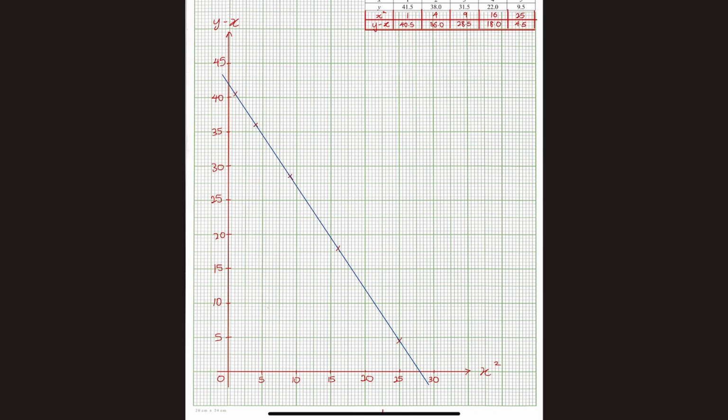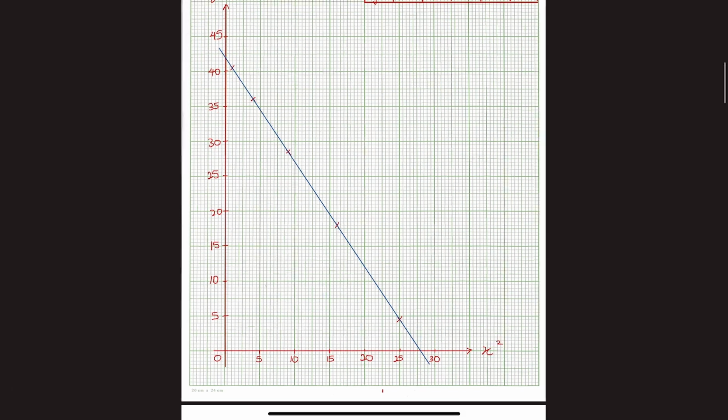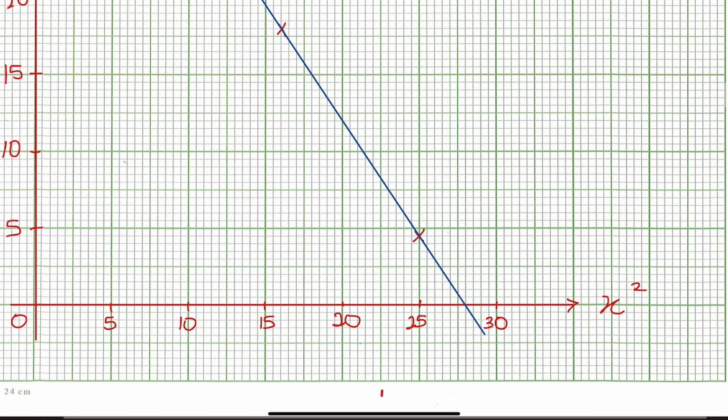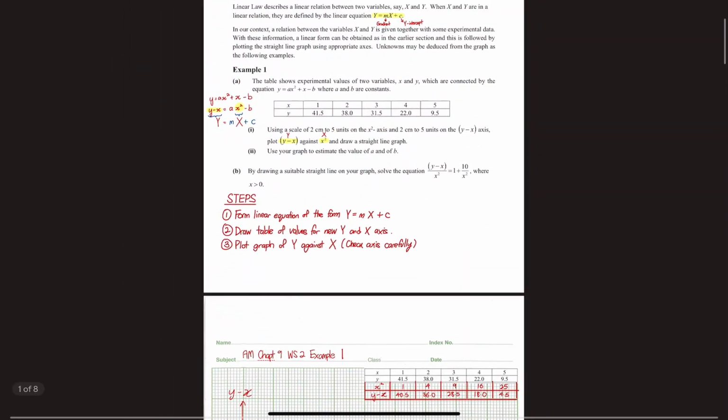Okay, then once I'm done with drawing my line, I will label the equation of this line here. This line has the equation y minus x equals ax squared minus b. Okay, so this is for drawing the graph. Done. This is part 1 done.